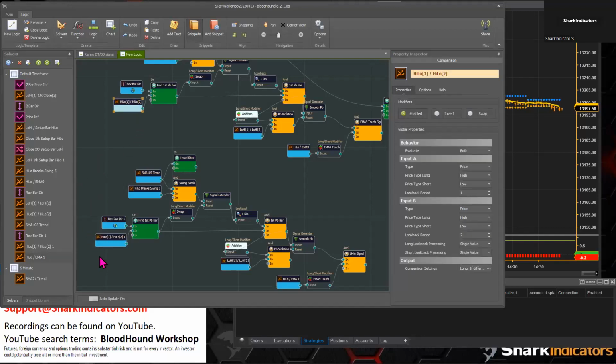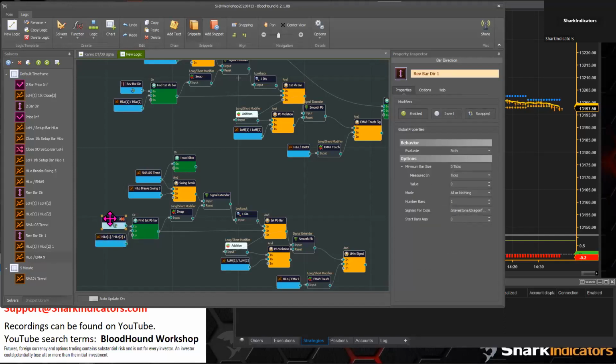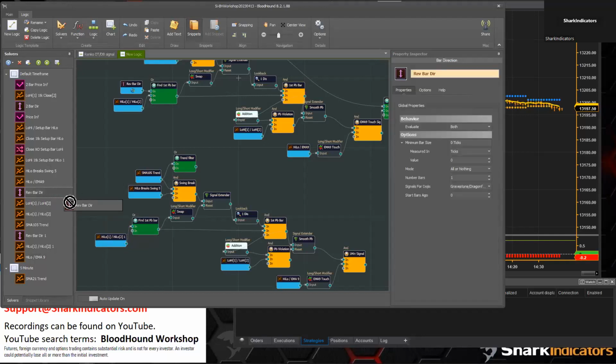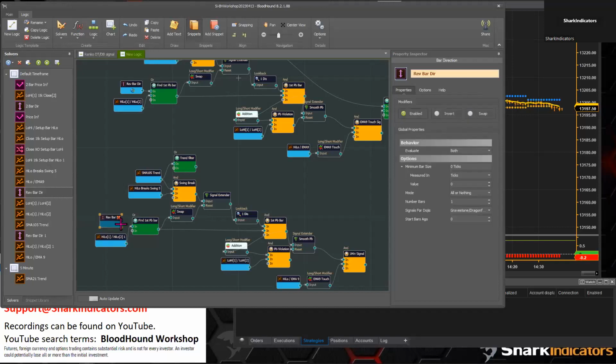There are some other ones around here. Here is a copy of that reversal bar solver, so I don't need that extra one. I could just drag the same one over and use that. This solver and this solver are the exact same solver; we just have two visual representations on the logic board.